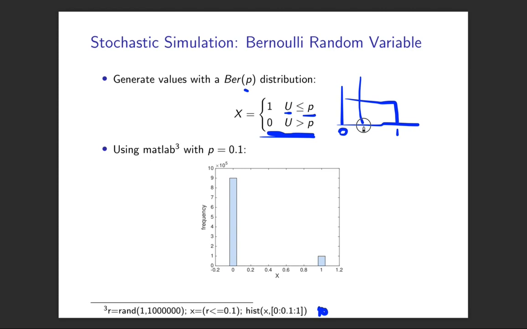Then suppose we draw our line at p. That's a banana, but we'll just live with it. If u lands here, less than p, then we give a 1.